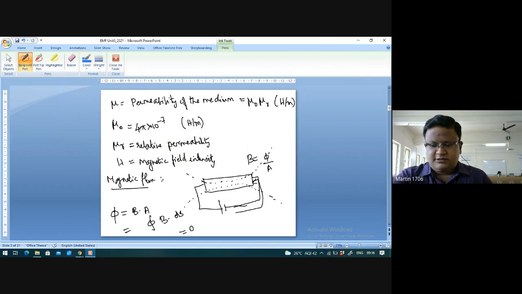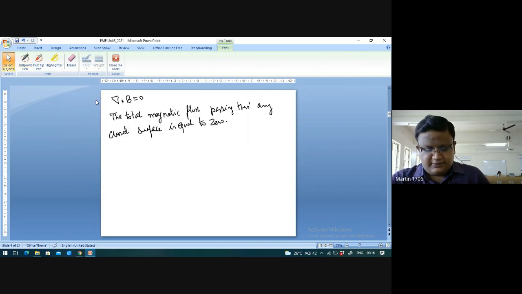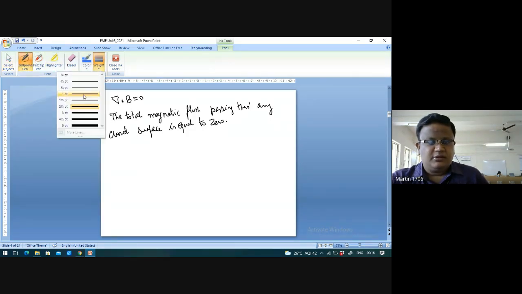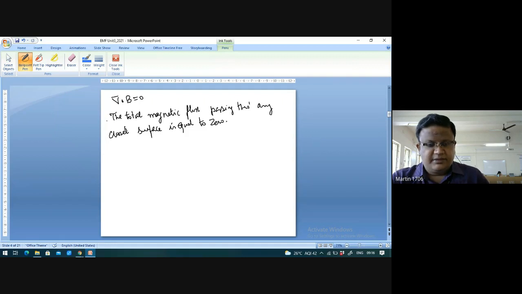Through this expression itself: the total magnetic flux passing through any closed surface is equal to zero. This is also one of the conditions for the magnetic flux.